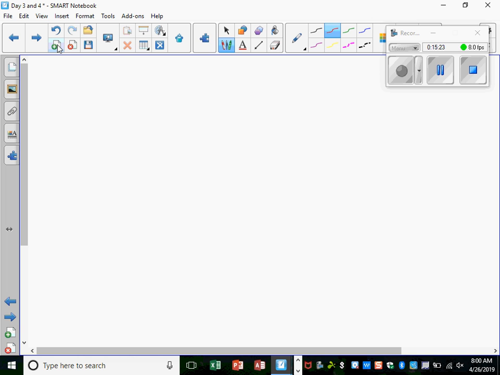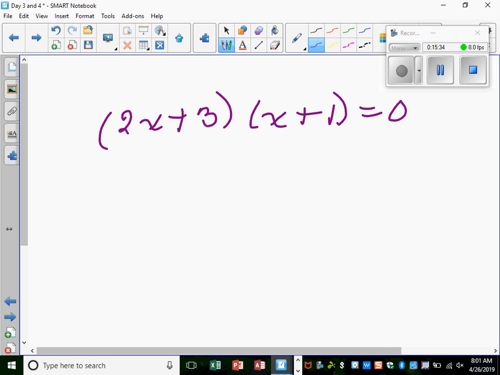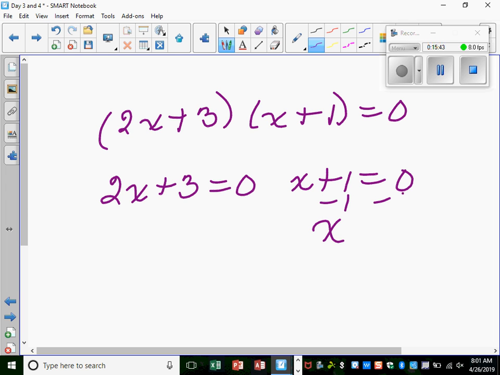All right, so if I factor that out, you should have as factors 2x plus 3 and x plus 1. Okay, you set that equal to 0. So when you subtract here, you're going to get x equals -1.